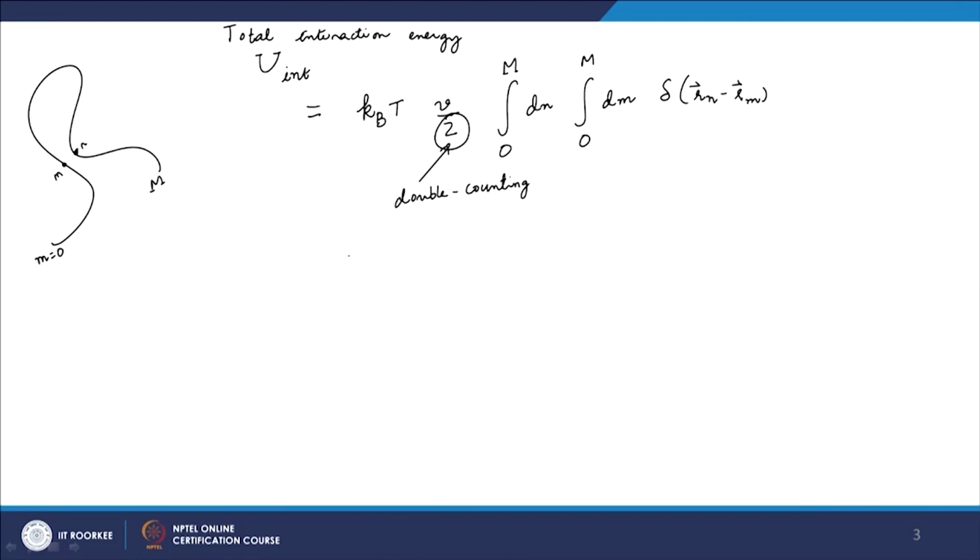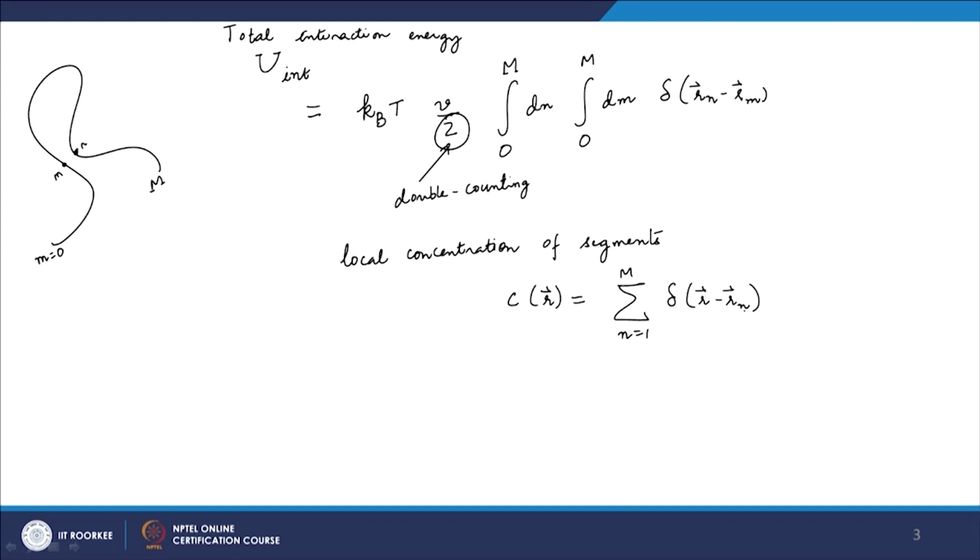Okay. So now we can also define something known as the local concentration of segments, and the quantity is defined as C of r as a delta function of r minus Rn summed over all the segments.